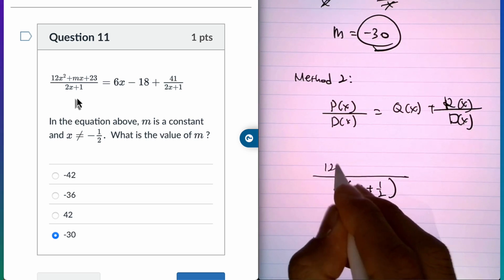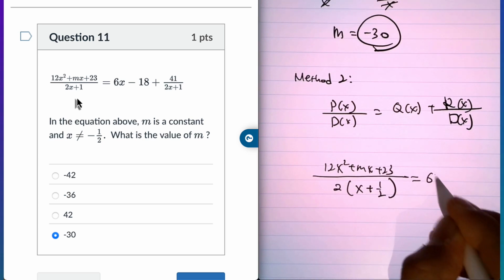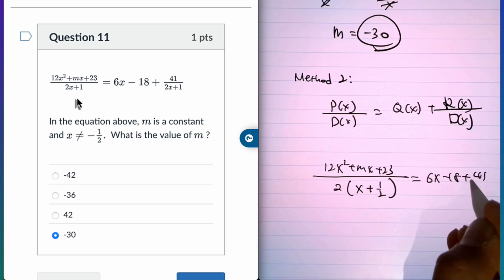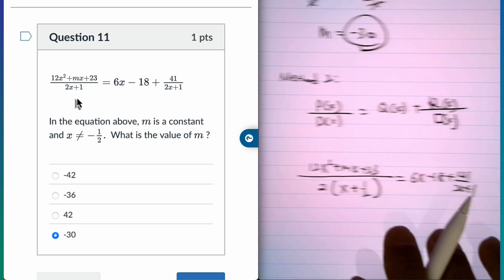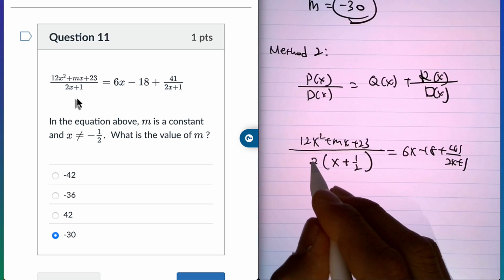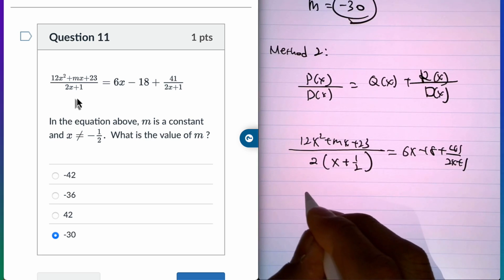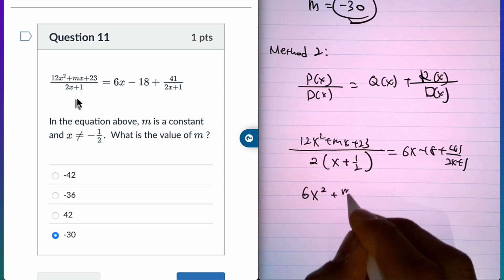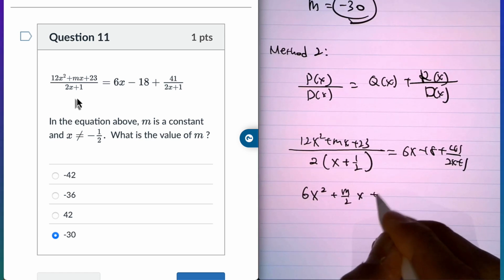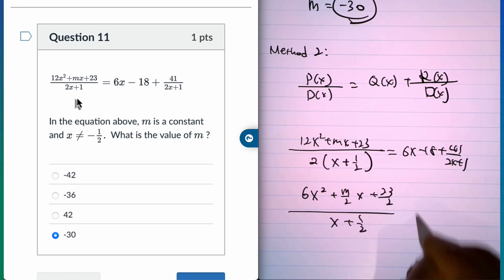And I have 12x squared plus mx plus 23, and that's equal to 6x minus 18 plus 41 over 2x plus 1. We're not doing anything on the right side right now, and we're just going to first divide the top by 2. So that's going to give us 6x squared plus m over 2 x plus 23 over 2, all over x plus 1/2.